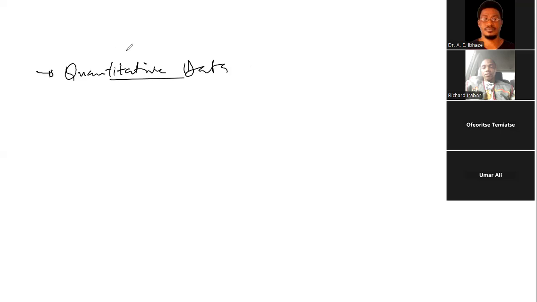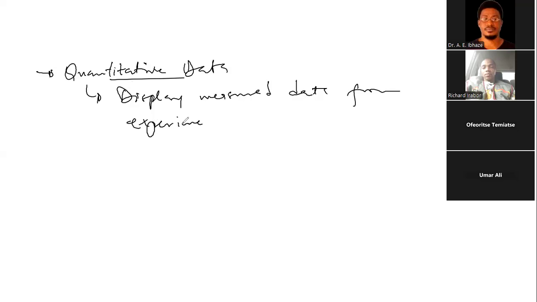Okay, so you want to do one thing. You want to display your measured data, from an experiment, for instance, or probably from your simulation, or better still, the system test, if you have a prototype.